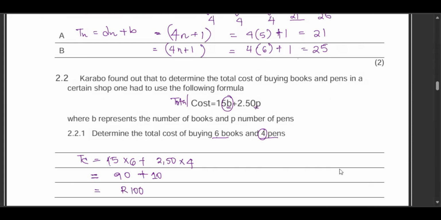So if you buy 6 books and 4 pens in this shop, you're going to spend 100. All right? That is it.